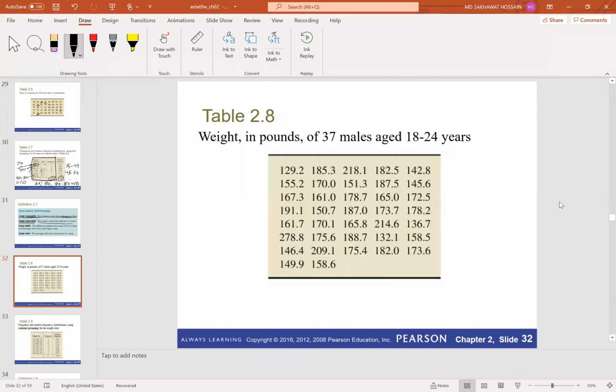Okay, now we have another example, Table 2.8, which is the weight in pounds of 37 males aged from 18 to 24 years. So what is the variable here? Age or weight? Anyone?